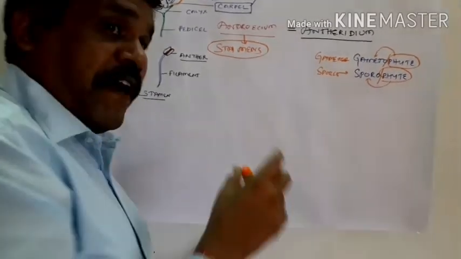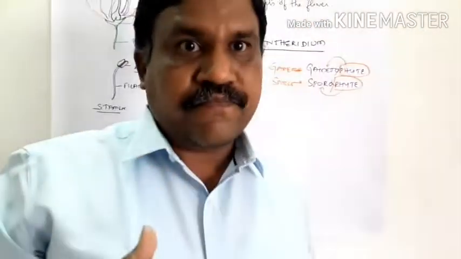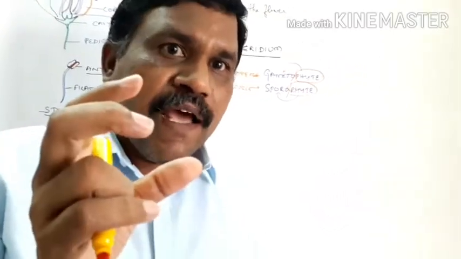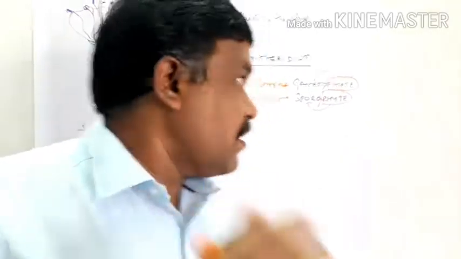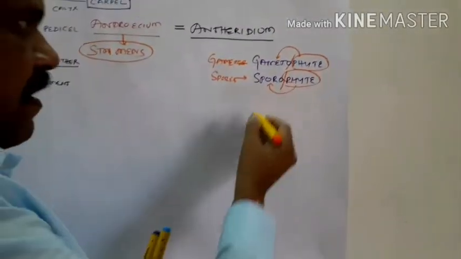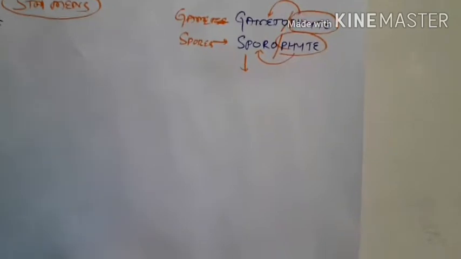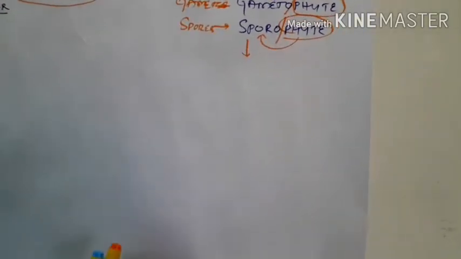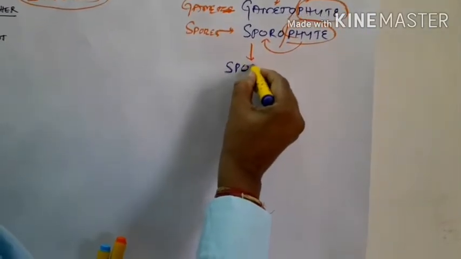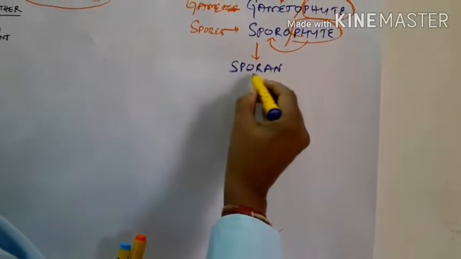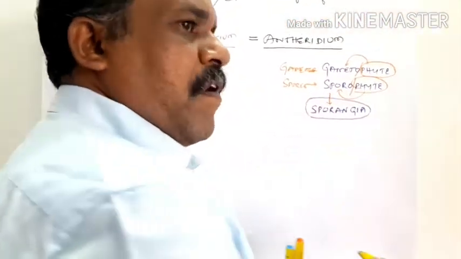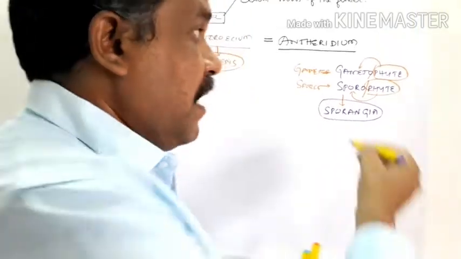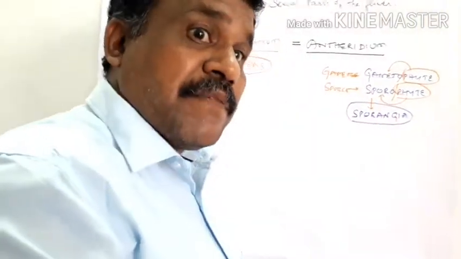Now the sporophyte will produce a body. What is the name of that? Sporangium. Very good. Sporangia is the plural form and sporangium is the singular.